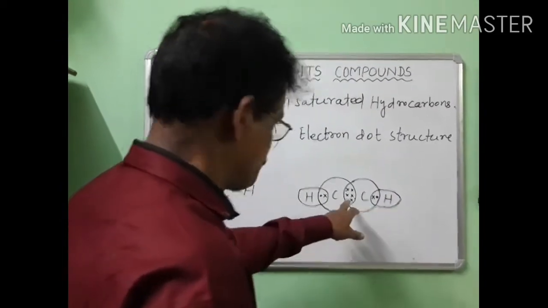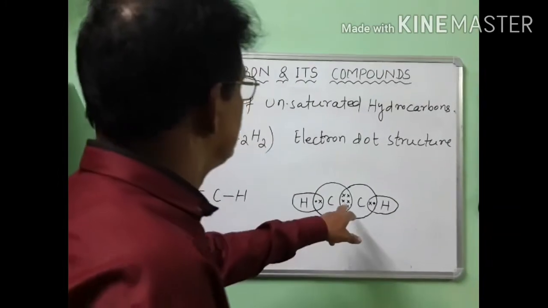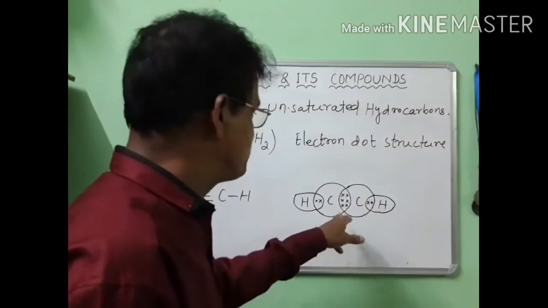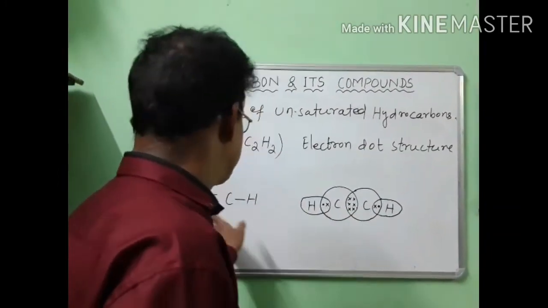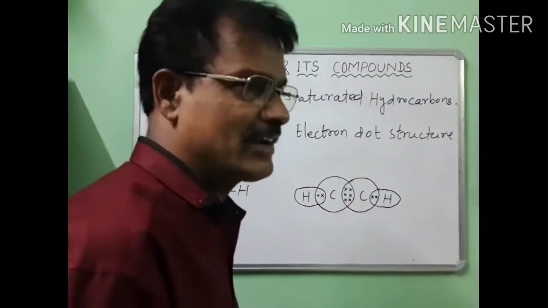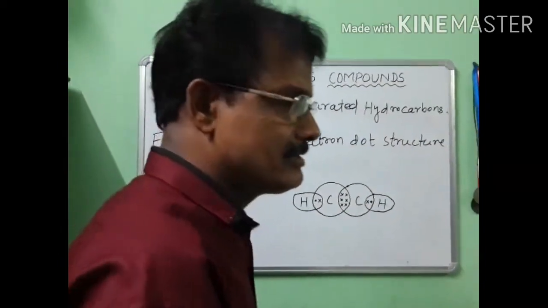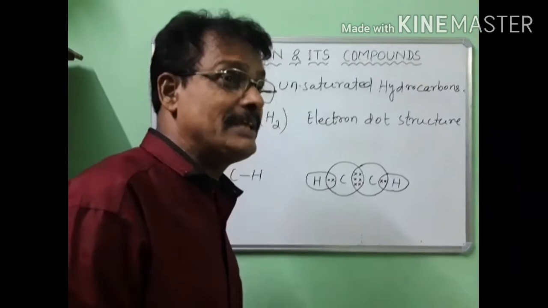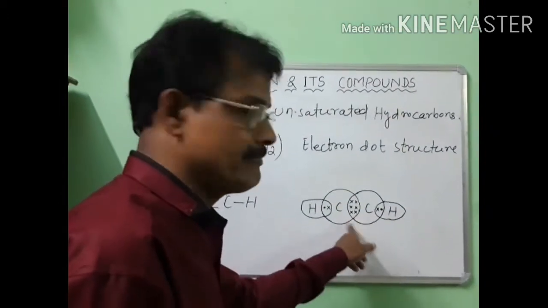Here a triple bond is formed between the two carbon atoms by sharing three pairs of electrons between them.